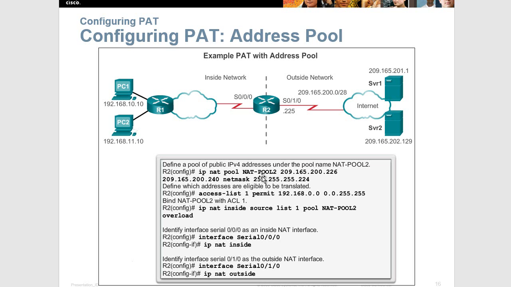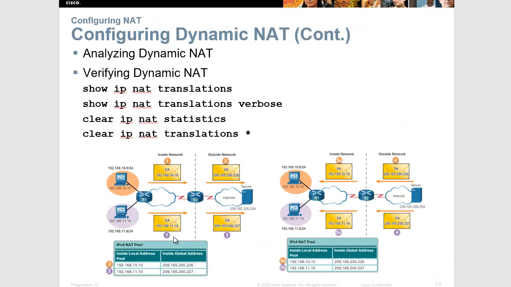So again, NAT pool, give it a name, range. If you're going to use a subnet mask, you have to type in net mask and the subnet mask. Access list, whatever, and do your permit here. And then IP NAT inside source list, whatever the access list is, pool, whatever the NAT pool is that you created. So that's how it'll look.